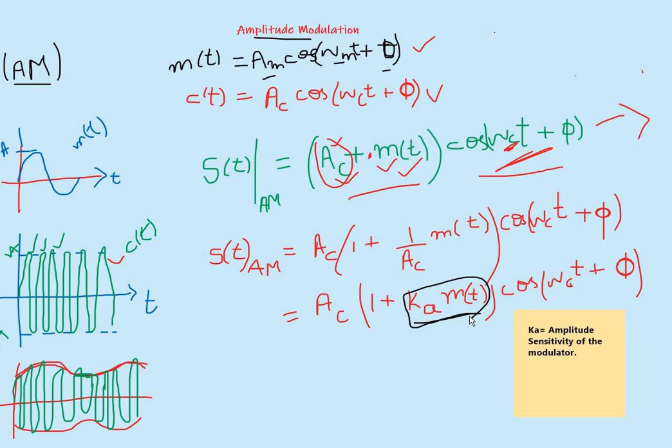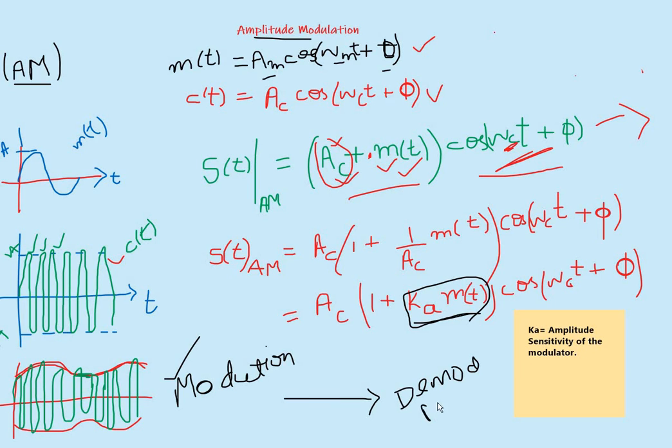How is it important? See, this particular signal is called the modulated signal. We are modulating the signal. We are mixing our message signal into our carrier signal so that we are able to transmit it. When we are receiving the signal on the demodulator side, in the receiver side, we want to get our message signal back, right?